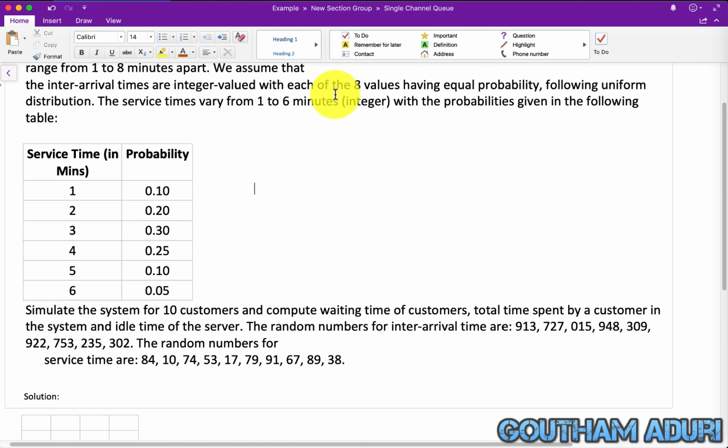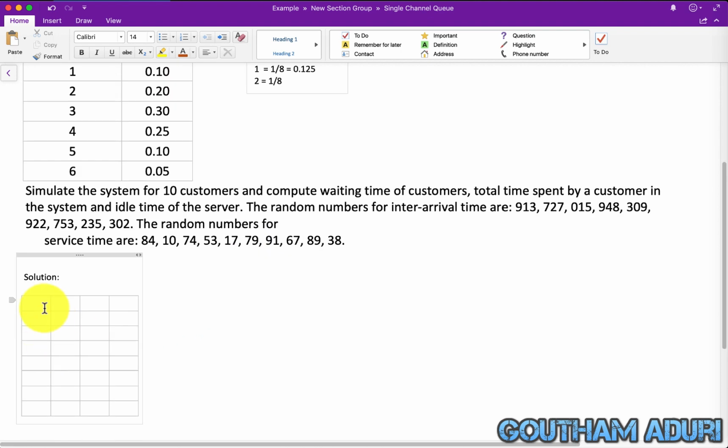With each of the 8 values, it will be 1 divided by 8, which is 0.125. The second one is equal as well, so 1 divided by 8, the same probability of occurrence. So I can say inter-arrival times, probability, cumulative probability.